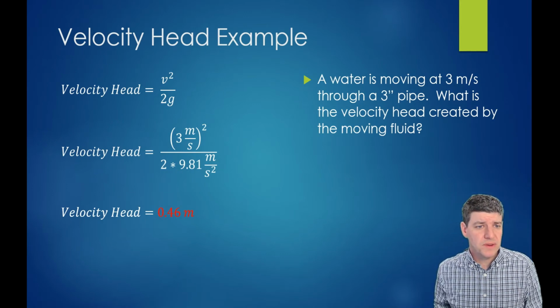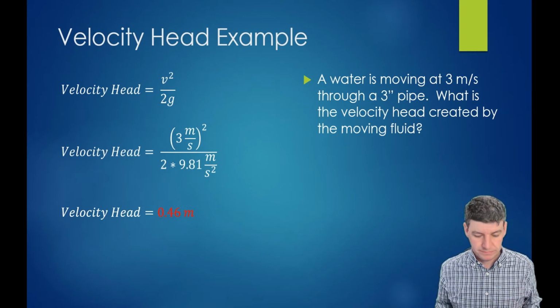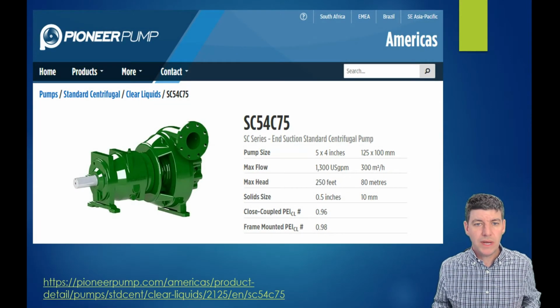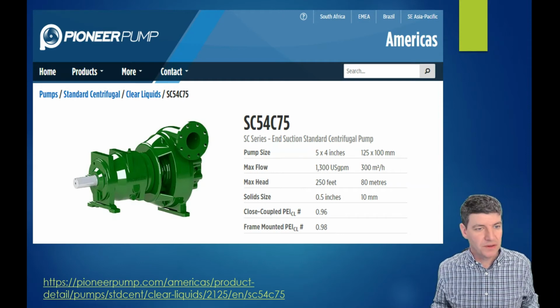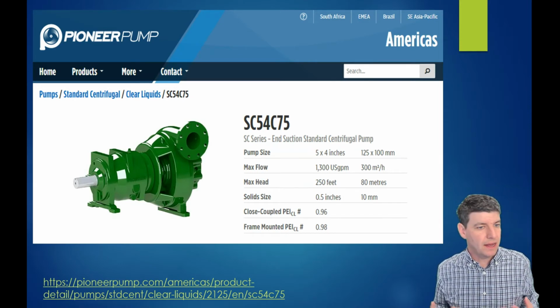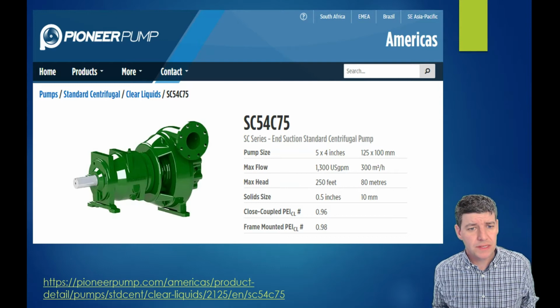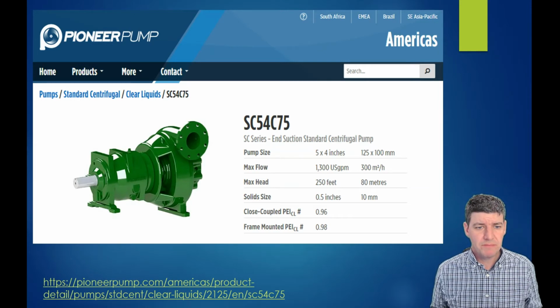Okay, so let's figure out how all this applies to pumping systems and figuring out pump performance. Here's a pump manufacturer that I found off the internet, and I've selected a pump that they would supply. A couple things that I want to take note of is that when we talk about pumps and we specify pumps, we can see that we have a flow rate.